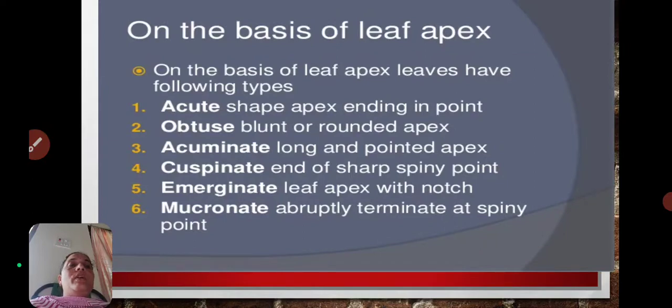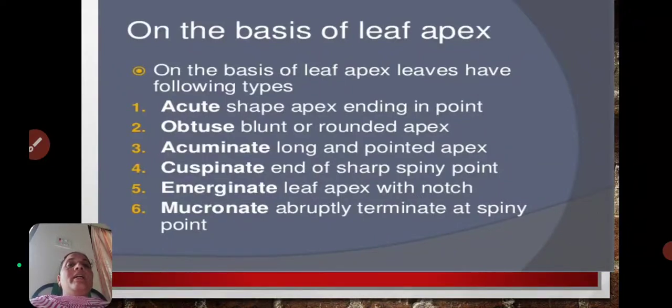Next one is on the basis of leaf apex. On the basis of leaf apex, leaves have the following types: acute, obtuse, acuminate, cuspidate, emarginate, and mucronate. First one is acute.